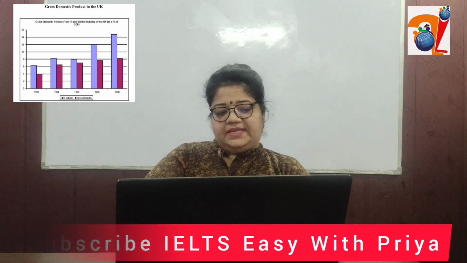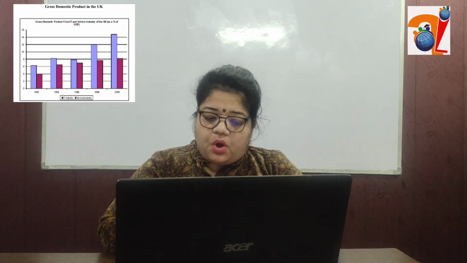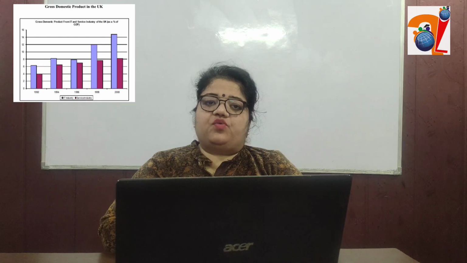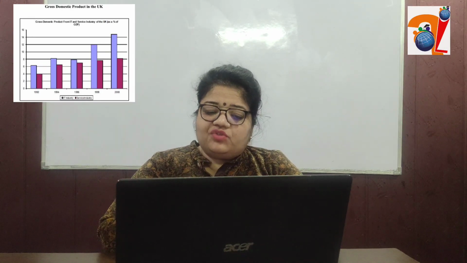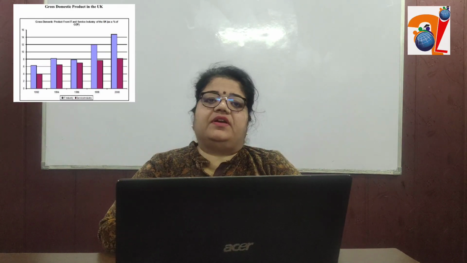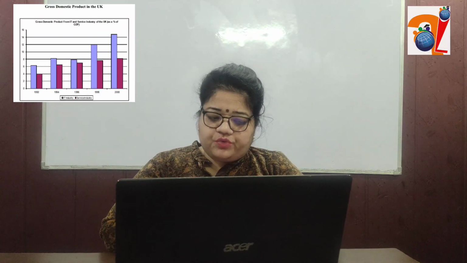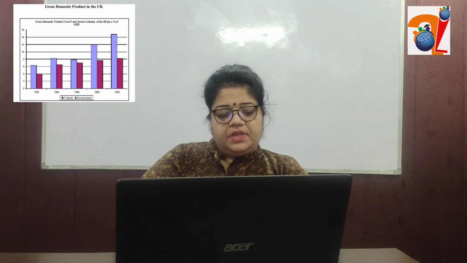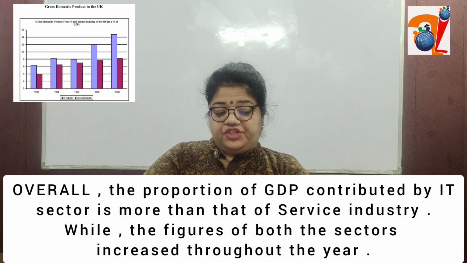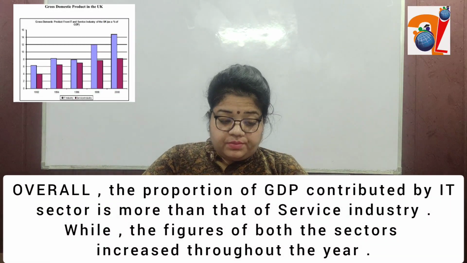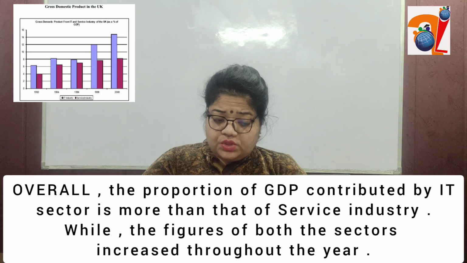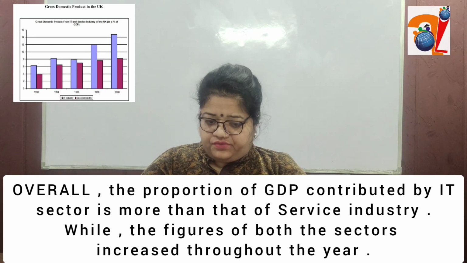So how will we write? See, as we already planned our task 1 before writing, we saw that both the shares were kept on increasing. So look how we are about to write the same. The proportion of GDP contributed by IT sector is more than that of service industry.